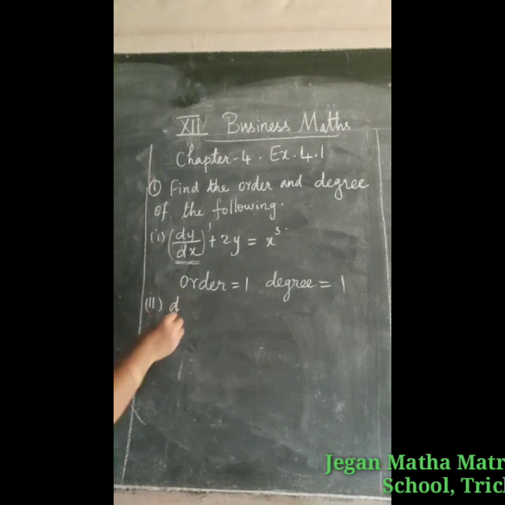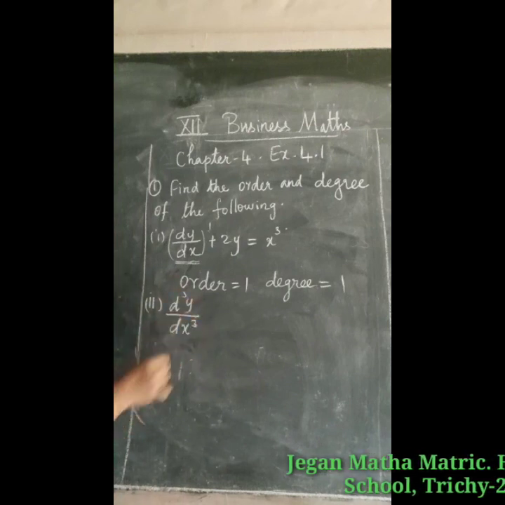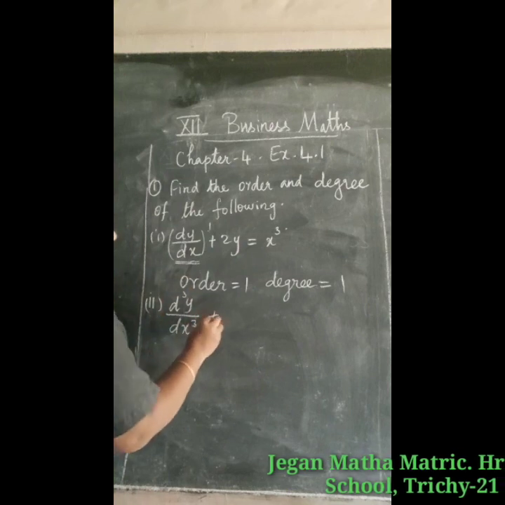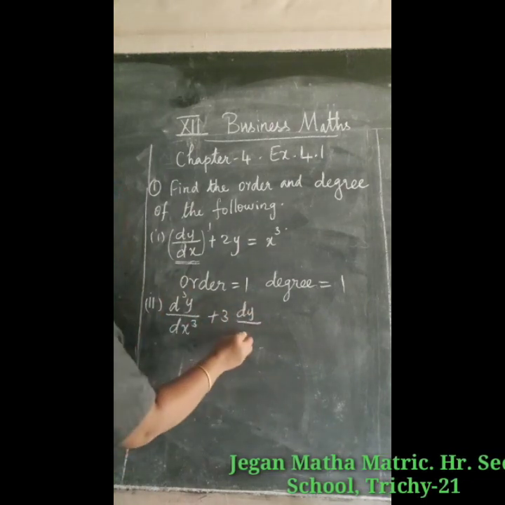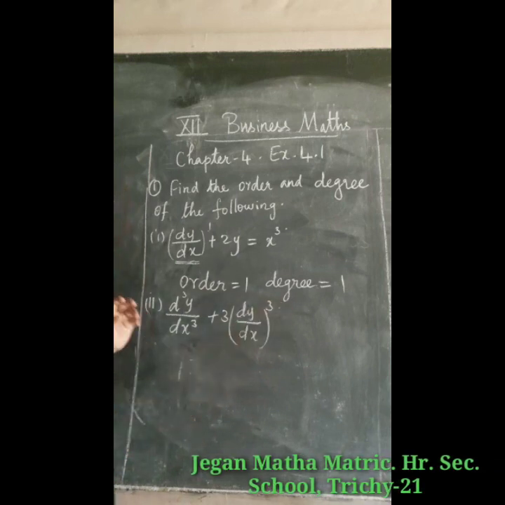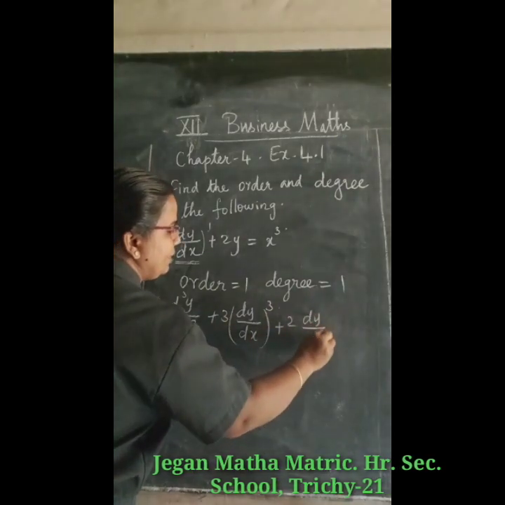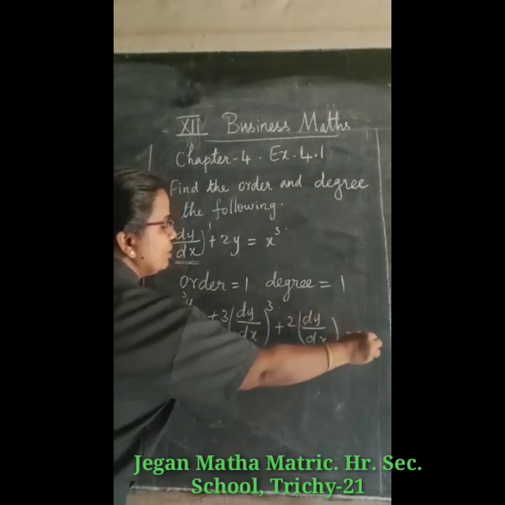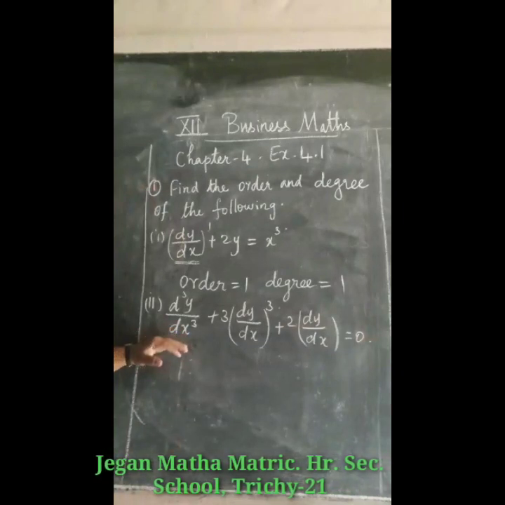And second question, d cube y by dx cube plus 3 into dy by dx the whole cube plus 2 into dy by dx is equal to 0. This is the second question. Which one is the highest derivative?